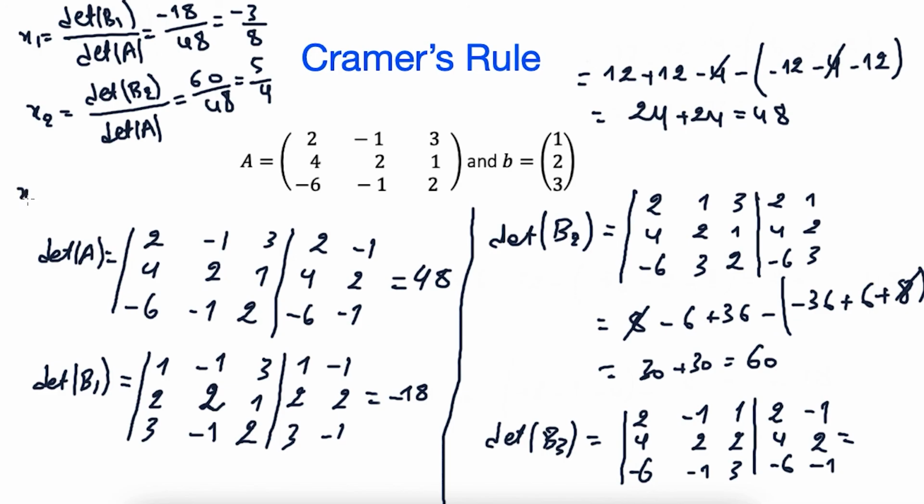And x3 equals determinant of b3 over determinant of a, and determinant of b3 is 48, so 48 over determinant of a, which is 48, and this equals 1. And these are the same solutions that we got from the other methods.